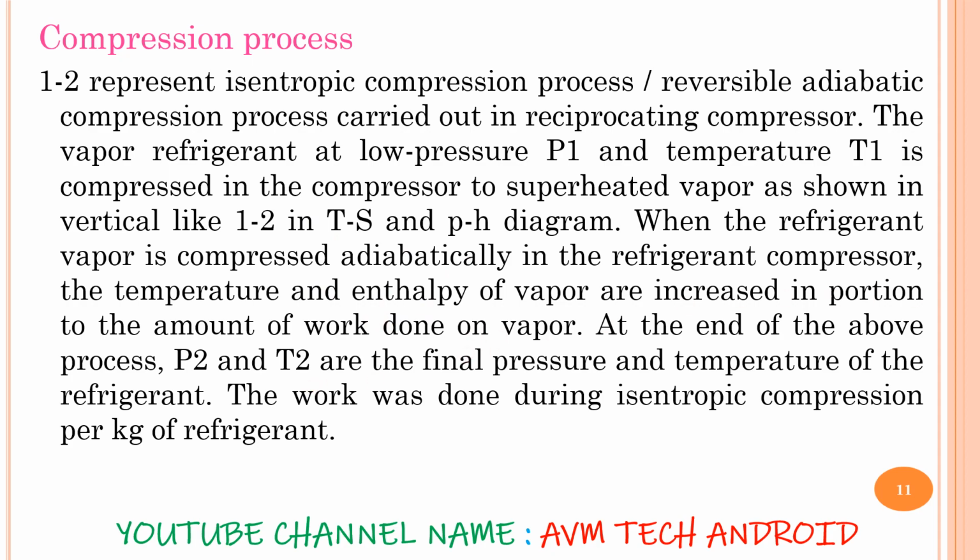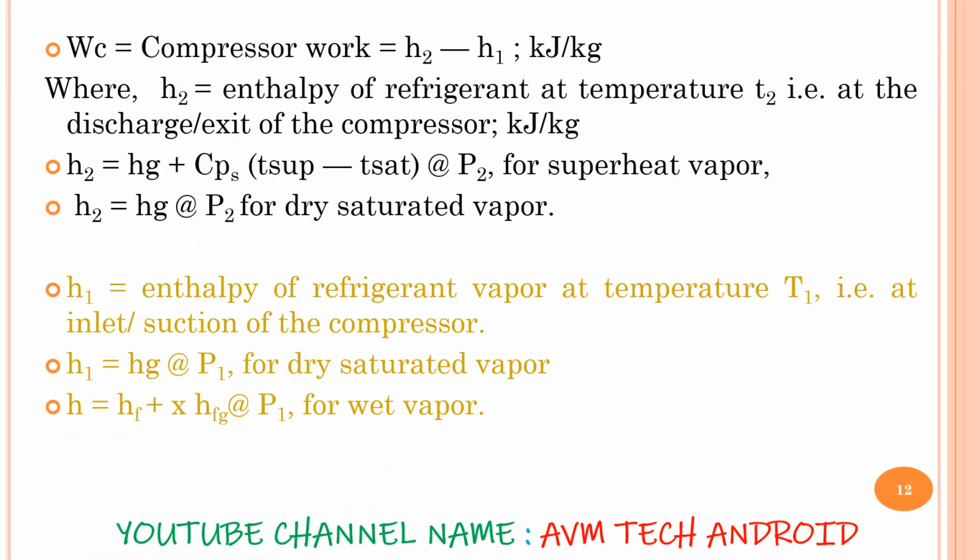But what is the compression work? That is H2 minus H1, where H1 is the enthalpy before compression and H2 is the enthalpy after compression. So H2 is definitely more than H1. For the different states of vapor at state 2, either it is a superheated vapor or a dry saturated vapor.